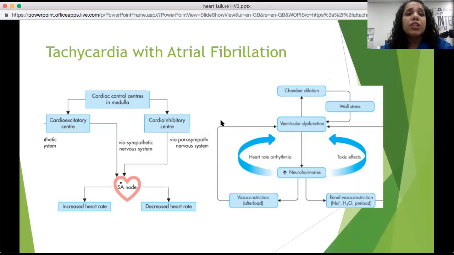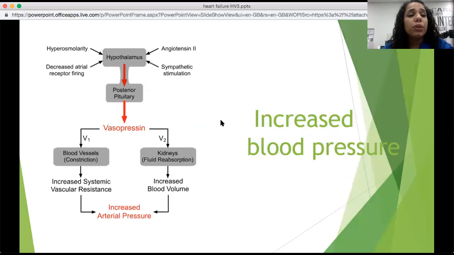The renin-angiotensin-aldosterone system also plays an important role in blood pressure by moderating vascular tone and influencing sodium and water retention by the kidneys to increase blood volume.